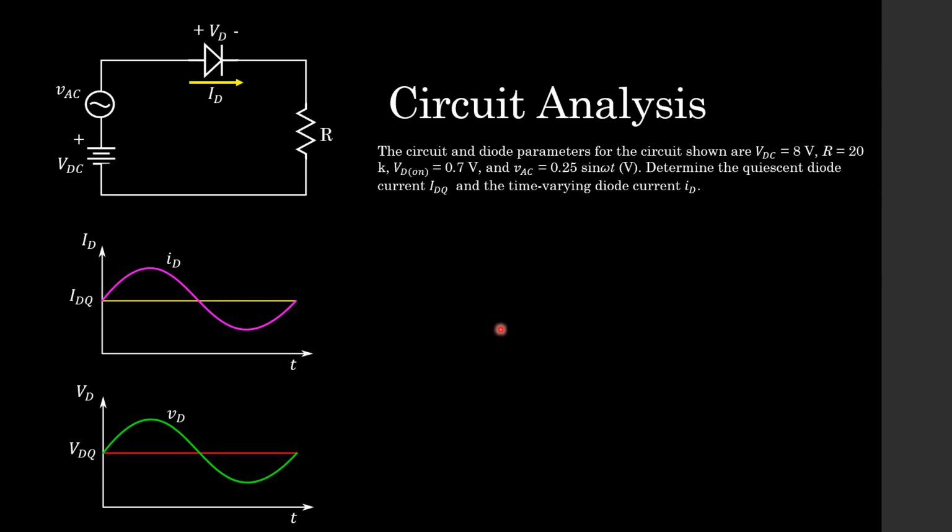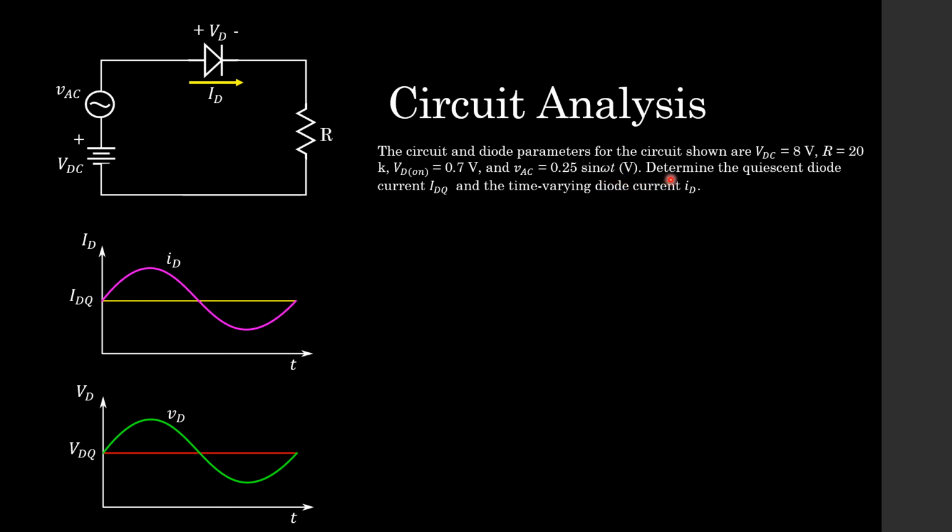Now let's take that AC model that we derived and put it into action with some circuit analysis. So the circuit and diode parameters for the circuit shown are a DC voltage of 8 volts. We have a resistor in series there, which has a resistance of 20 kilo ohms, a diode on voltage of 0.7 volts, and we have our AC small signal, which is a 0.25 volts peak sine wave.